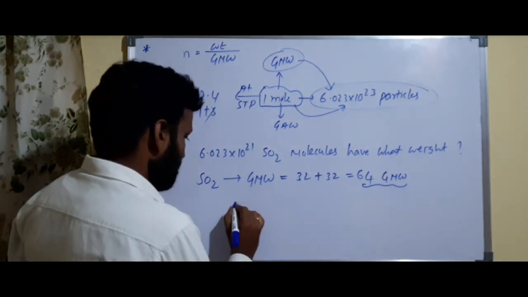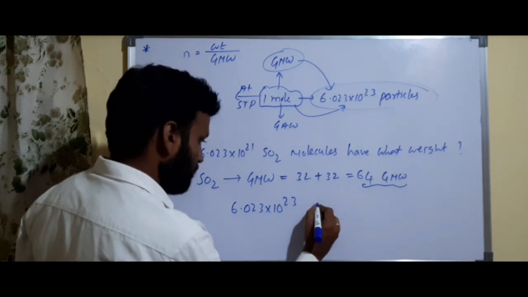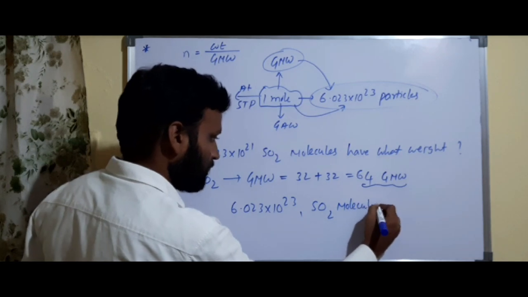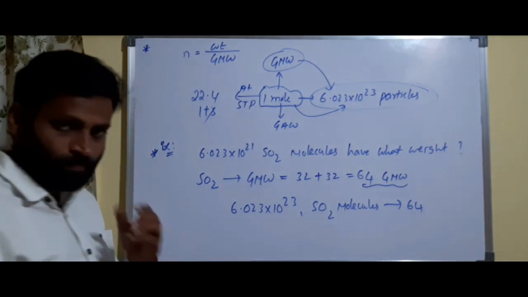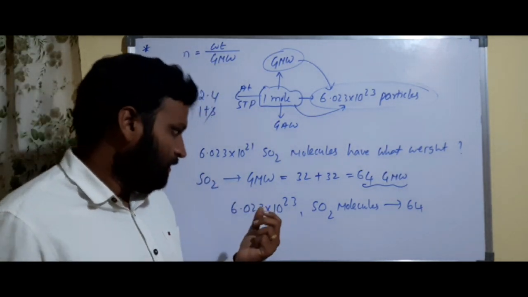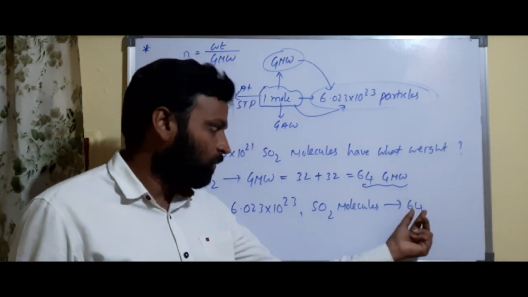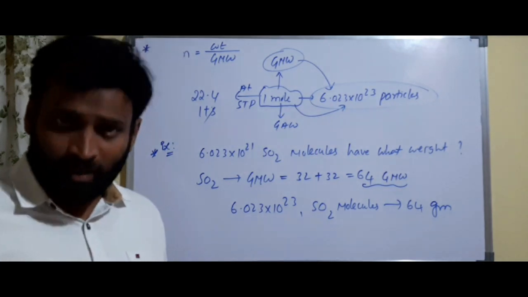So it's very clear now. 6.023 into 10 power 23 SO2 molecules has a weight of 64 grams, because it is the gram molecular weight.